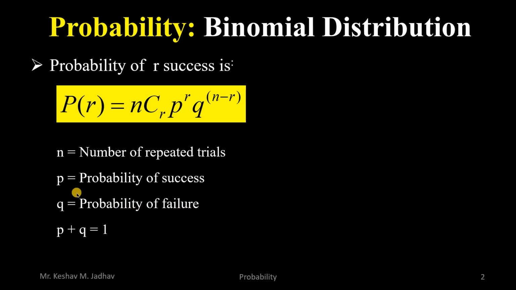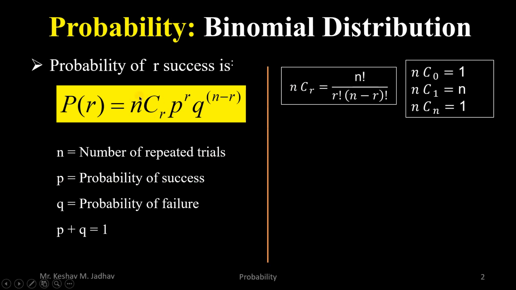In binomial distribution, there are only two possibilities, success or failure, so the addition of these two probabilities is equal to 1. Also, we can calculate the probability of failure as 1 minus the probability of success. We can calculate nCr using the formula n factorial upon r factorial into (n minus r) factorial. In this, nC0 is equal to 1, nC1 is equal to n, and nCn is equal to 1.